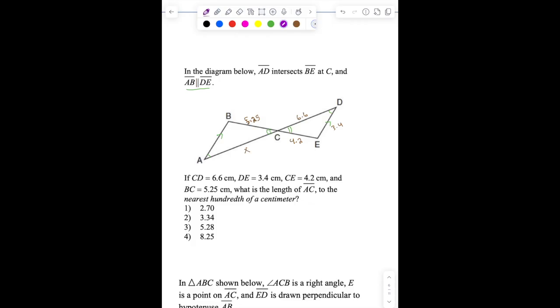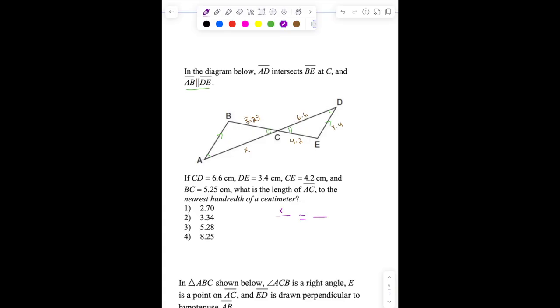So we need to make a proportion since we have similar triangles, and that way we can find the missing side of the triangle. So I'm going to put X in my proportion, and then I need to put the side that corresponds to it. Be careful when you're looking for corresponding sides.